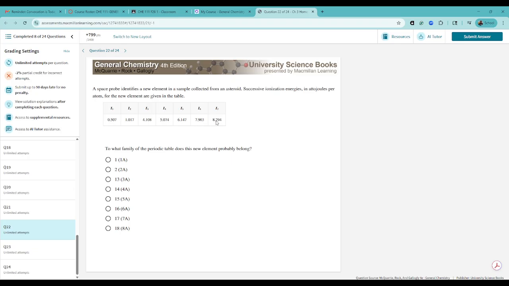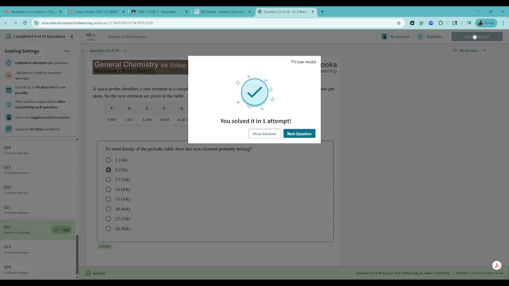And so where's the biggest jump? Between 2 and 3. So it can lose 2 electrons easily. Hard to lose a third. So 2 electrons means it's in group 2, with 2 valence electrons. So I'm looking for the biggest jump. The 1 to 4 is the biggest jump.